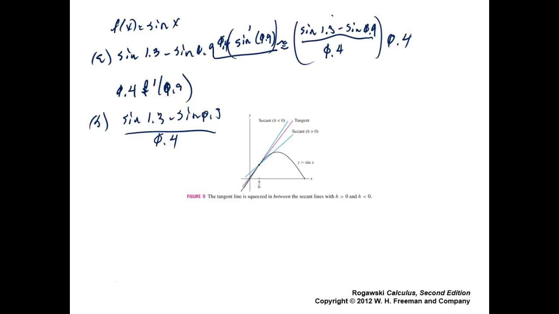Exactly. Okay? And then the C part. The C part is f prime of 0.9. What does that represent?